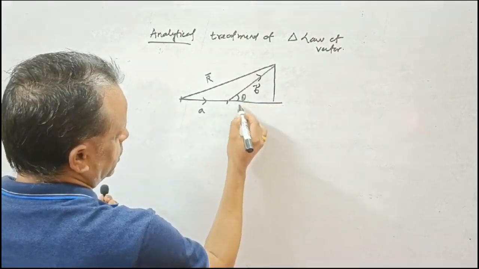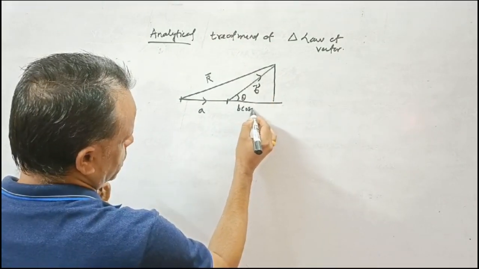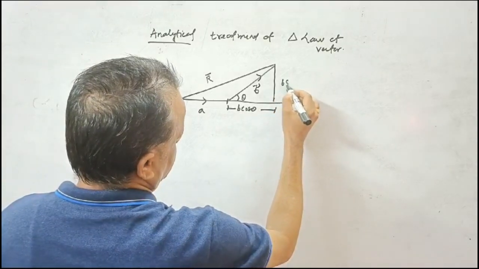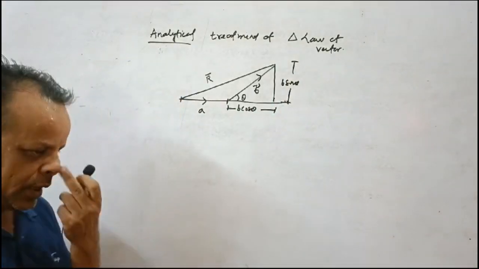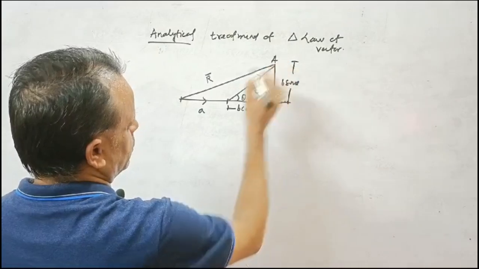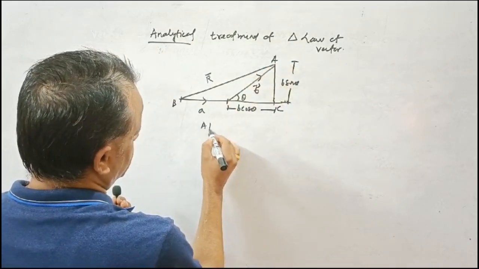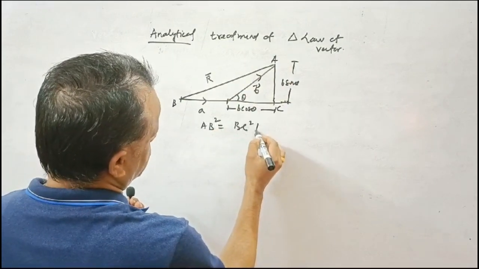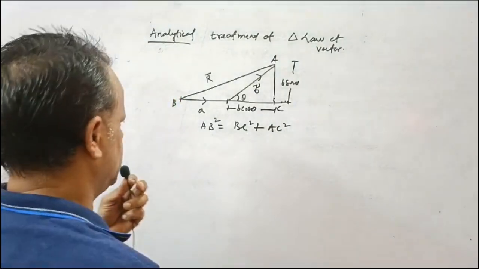theta. So the component of vector B along the x-axis will be B cos theta, and along the y-axis it will be B sin theta. So we see the resultant, using Pythagoras theorem, what do we get? AB square, that is the hypotenuse, will be equivalent to BC square plus AC square. See what we have got.